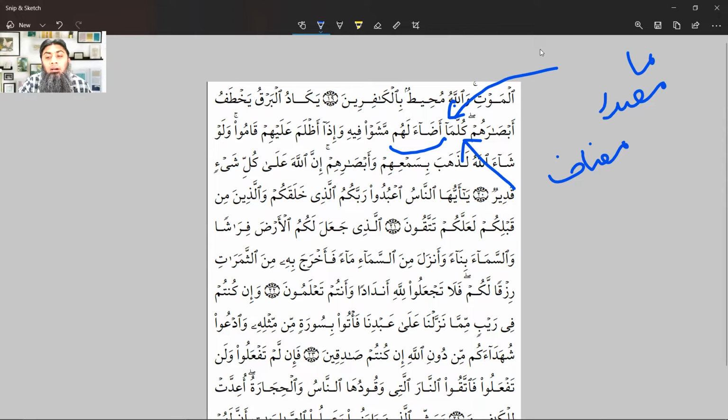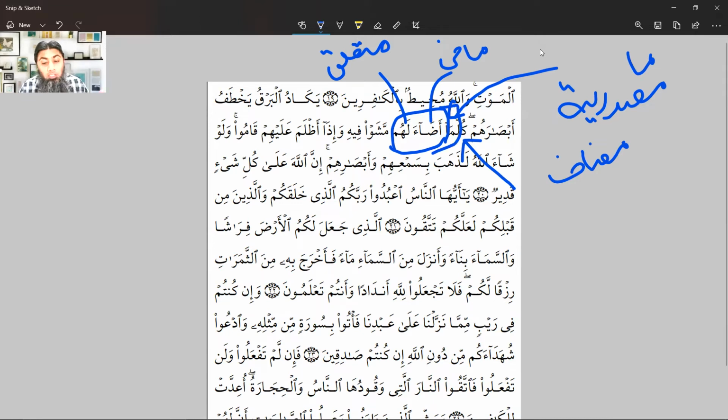Why? Because this ma will do the job of changing the next sentence, ada'a lahum. This ada'a lahum, as the brother said before, ada'a is fi'l madi and lahum is mutaalliq with this fi'l. So kulla is mudaf, ma ada'a lahum. Now this ma ada'a lahum together will be treated, even though ada'a lahum is a sentence, in the role of a masdar in jar status.